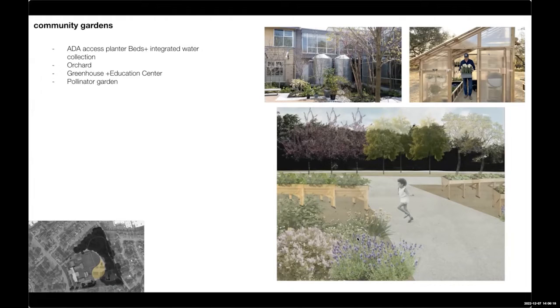So thinking about a closed loop system of how agriculture interacts with other elements, with insects and other kind of the whole system of everything that is needed to produce food. So it's a community gathering space as well as an education place. There would also be cisterns and compost next to the building that would help facilitate these operations.